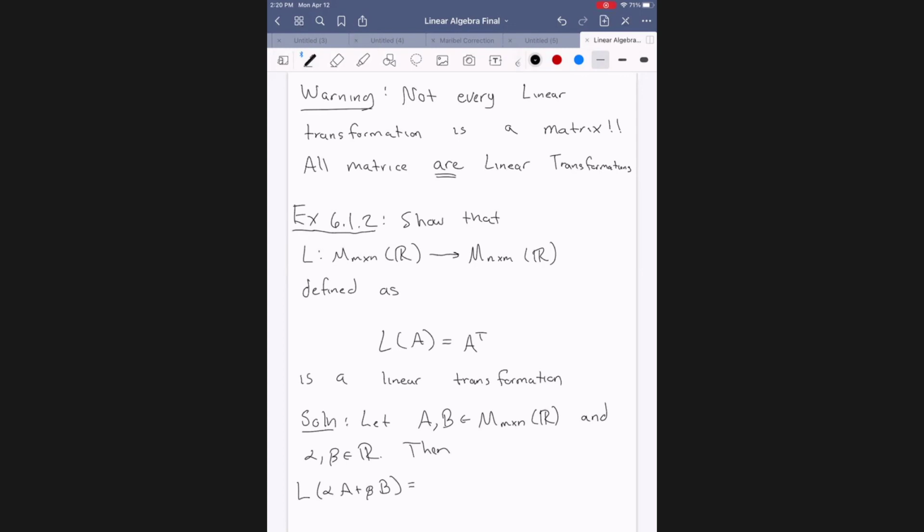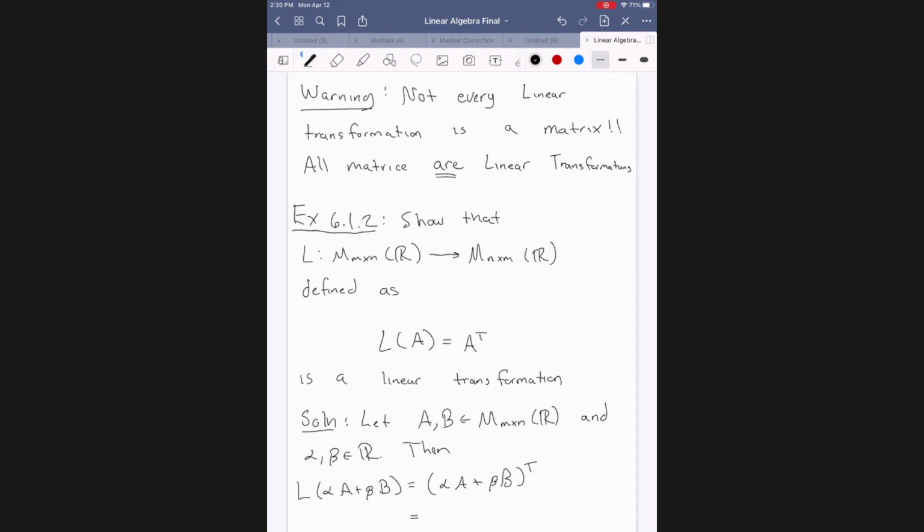By the rule, it's just going to equal the transpose of all this stuff. And if you remember, we had a theorem for matrices when we were talking about matrices in chapter 2. What's the transpose of the addition of two matrices?